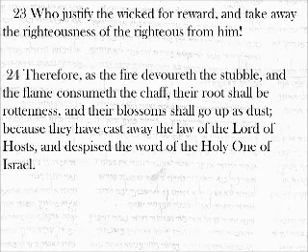So he says, in the same way, you guys are going to be just like that. It says, "their root shall be rottenness, and their blossoms shall go up as dust." So just like the flame burns through all this stuff, you guys are not producing. Your root is rotten, and your blossoms just blow away.